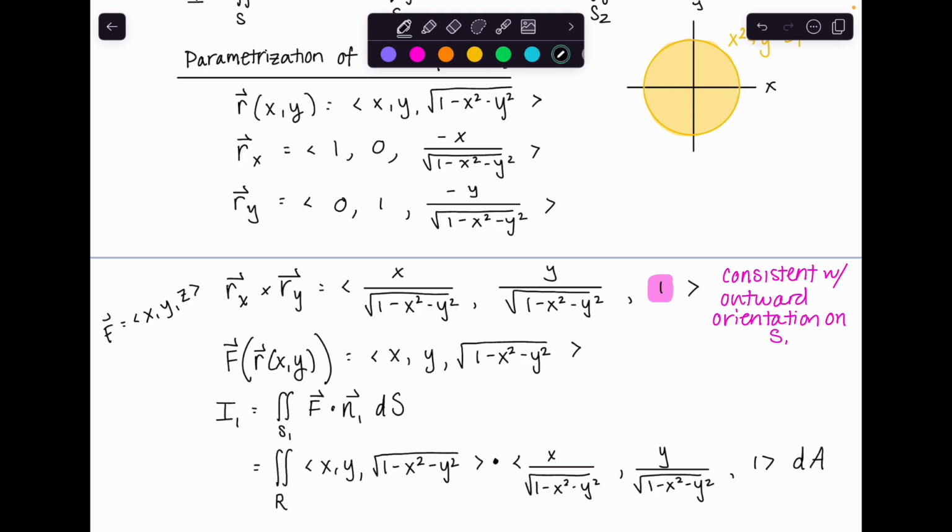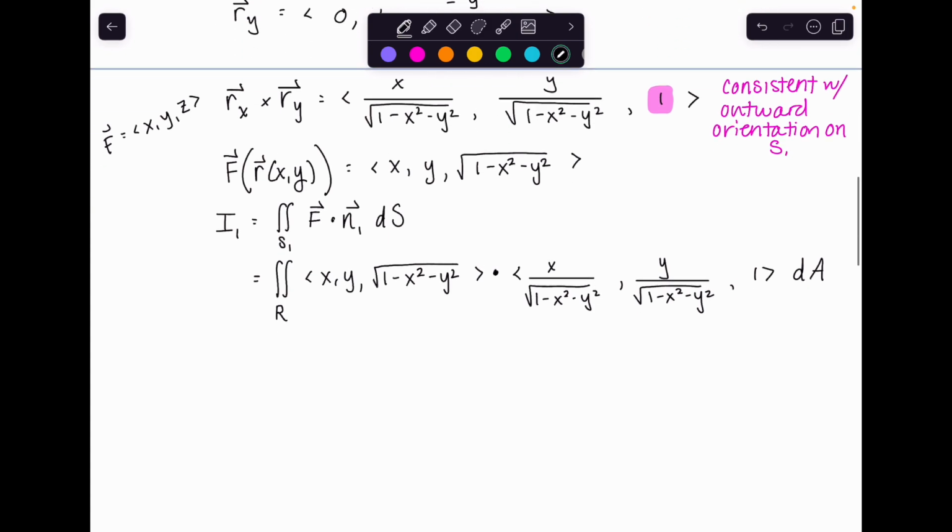Okay. So I've got to go through this dot product. We'll worry about setting up the bounds afterwards, but just matching those like pieces, we get x times this first component. So that leads us to x squared over the square root of 1 minus x squared minus y squared. Okay. Then our second component is y times y over the square root.